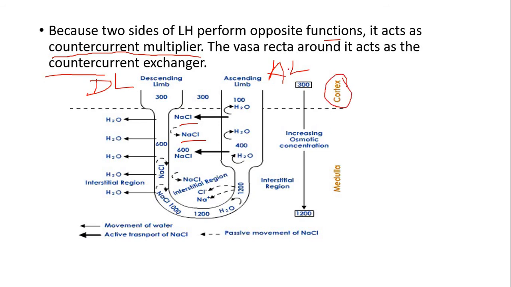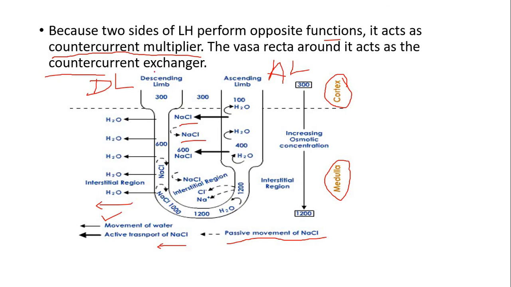This is the cortex. The upper part of the descending limb and ascending limb is known as the cortex, and the lower part is the medulla. Inside the medulla, the movement occurs passively. No energy is needed. Here in the descending limb there is movement of water, and active transport of NaCl into the medullary fluid.